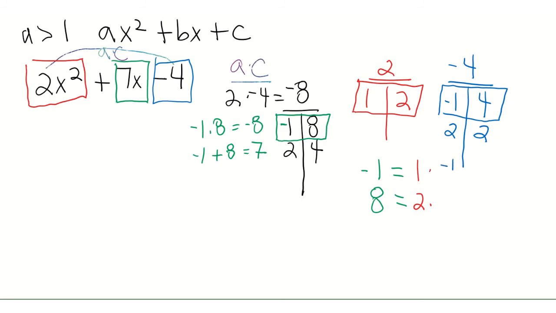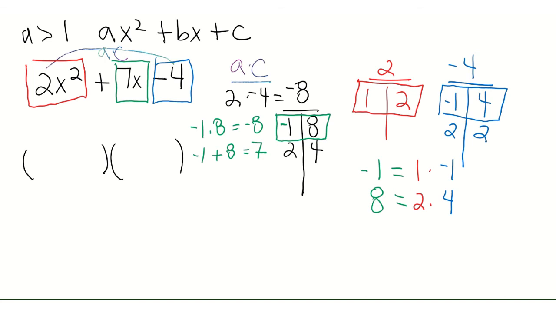So that's going to be a minus 1 and a positive 4. So 1 times minus 1 is a negative 1. 2 times 4 is a positive 8. So now we can put those numbers into our binomials.